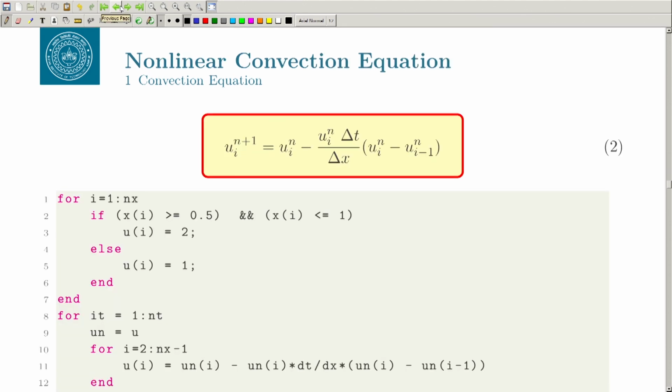Using the same approach, now instead of C you have u at time n appearing on the right hand side. This is still FTBS, and we are using the same form of the initial condition, which is 0.5 and 1, a square wave which is traveling. This is the pseudo code.